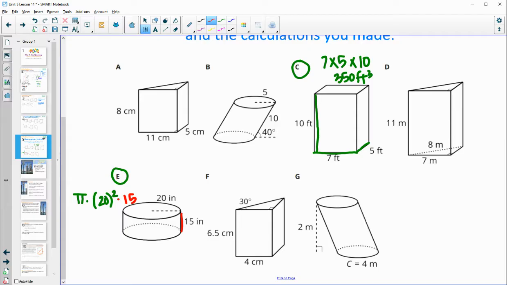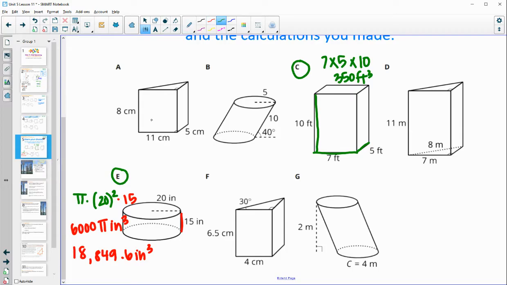That felt pretty easy because you would just need to type in 20 squared times 15 into your calculator and get 6,000 pi inches cubed. You could also multiply 6,000 times pi to calculate an estimate of 18,849.6 inches cubed.